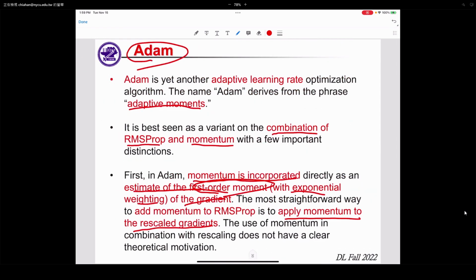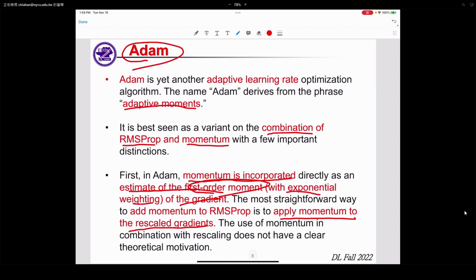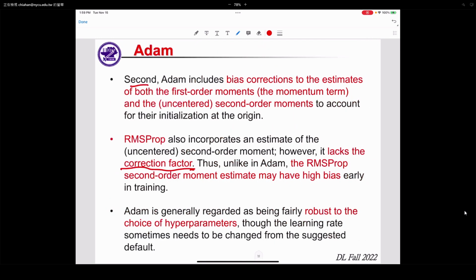All right, let's go back and read this. Momentum is incorporated directly as an estimate of the first order moment of the gradient. So we apply momentum to rescale the gradient. And then secondly, we apply the correction factor, the bias correction to the estimates of both the first order moment, the new item we introduced, and the second order moment, which we already have in RMSProp.